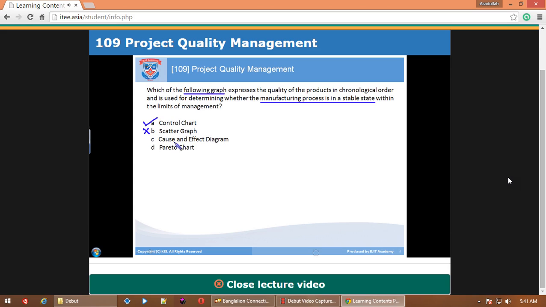It tries to find out the reasons, and then based on these reasons, quality improvement of the products can be planned. So this is also not the correct answer. The Pareto chart basically shows the individual items or values based on their sizes. Also, there is a line in the Pareto chart that shows the accumulated values of these individual items. So this is also not the correct answer.